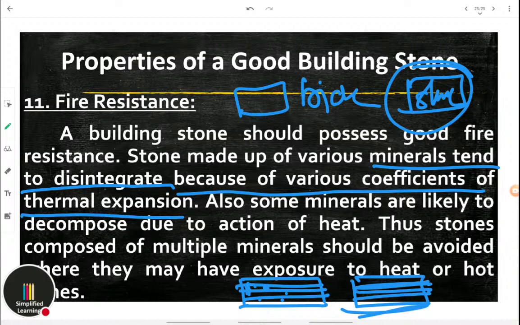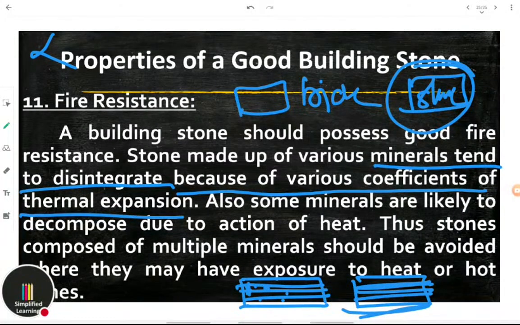That's why we will be avoiding such stone which has differential mineral composition or differential layers or stratification. At least if the stone has some stratification inside, we should make sure that the coefficient of thermal expansion, that is alpha, should be the same for all the materials present inside the stone.